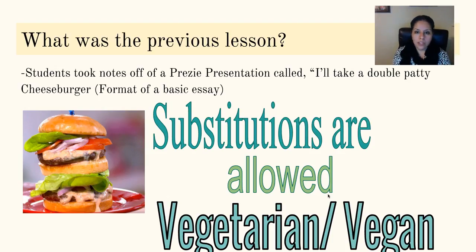Just to give you some background knowledge before I demonstrate my strategy, in the previous lessons the students viewed a Prezi presentation called I'll Take a Double Patty Cheeseburger, which goes over the format of a basic essay. I'll give you an example. The top bun of the hamburger, cheeseburger, or vegetarian burger is actually the introductory paragraph, right?